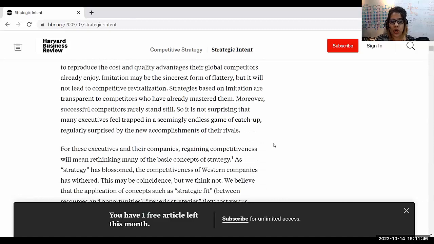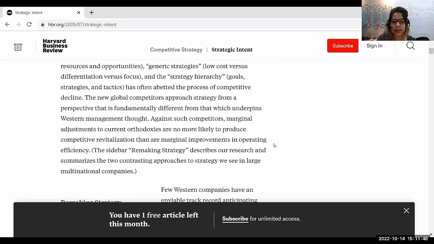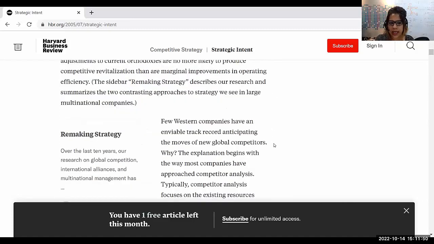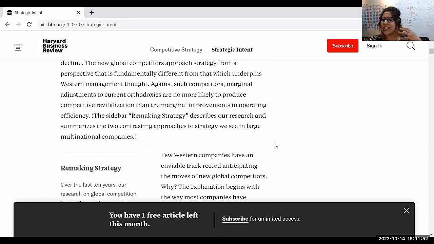So when you read this paper, the ultimate thing that you will come to know is that strategic intent is not a big concept, but it definitely tells us about the aspirational plans and the activities where we want to be. So understand that the first part of the strategic intent is the vision, right?